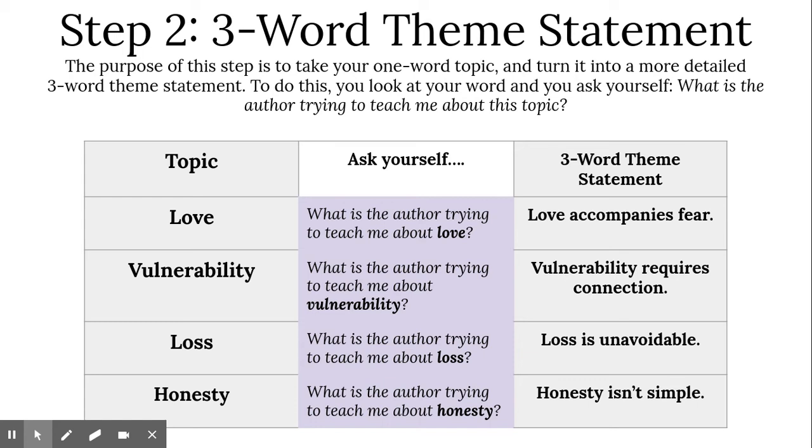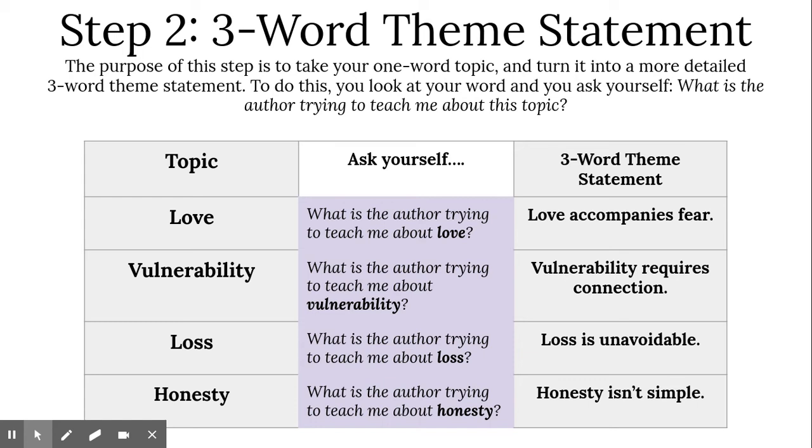Now I go to loss. I started with loss. I ask myself, what is the author trying to teach me about loss? And I answer, loss is unavoidable. And lastly, my topic is honesty. I ask myself, what is the author trying to teach me about honesty? And my answer is, honesty isn't simple.